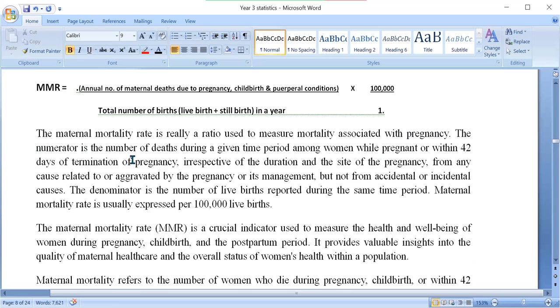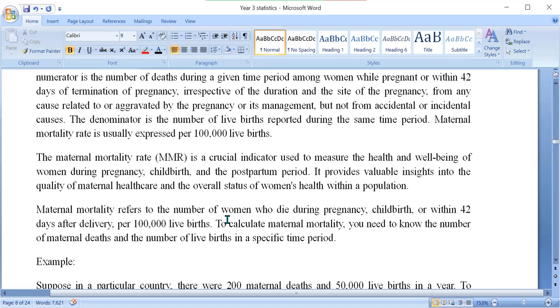The numerator is the number of deaths during a given time period among women while pregnant or within 42 days of termination of pregnancy, irrespective of the duration or the site of the pregnancy, from any cause related to or aggravated by the pregnancy or its management, but not from accidental or incidental causes. The denominator is the number of live births reported during the same time period. Maternal mortality rate is usually expressed per 100,000 live births.